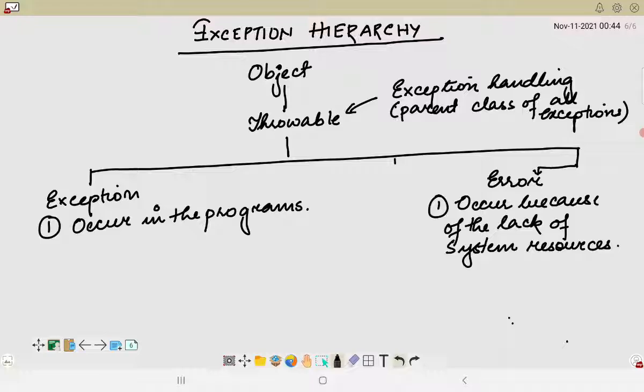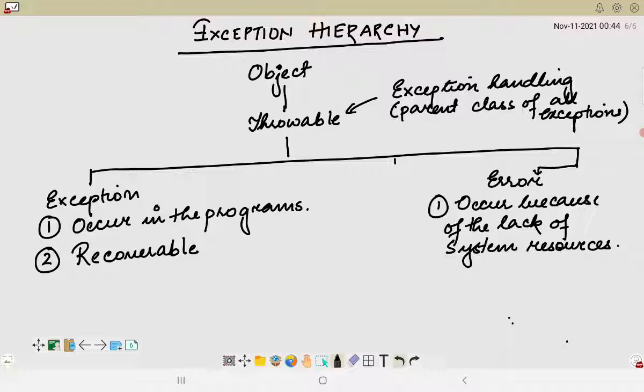Okay, the second important point that we have to discuss related to the difference between exception and error is that exceptions are recoverable. That means, since it happens in the program, we can easily modify the program, modify the logic, syntax, etc., and these exceptions are recoverable.